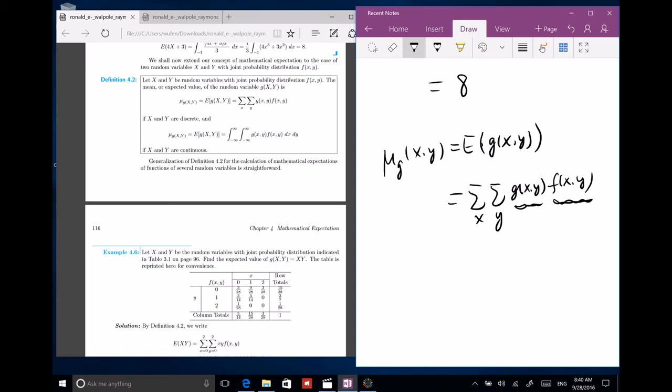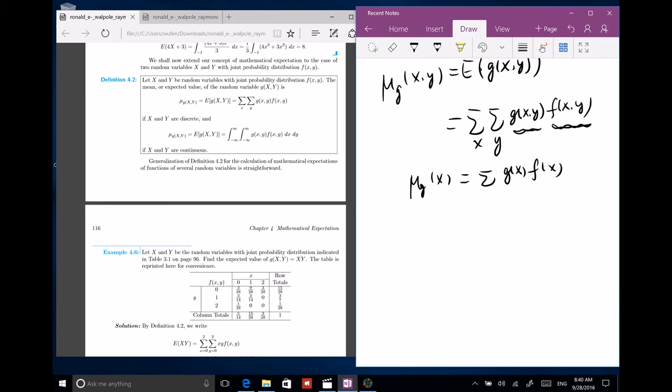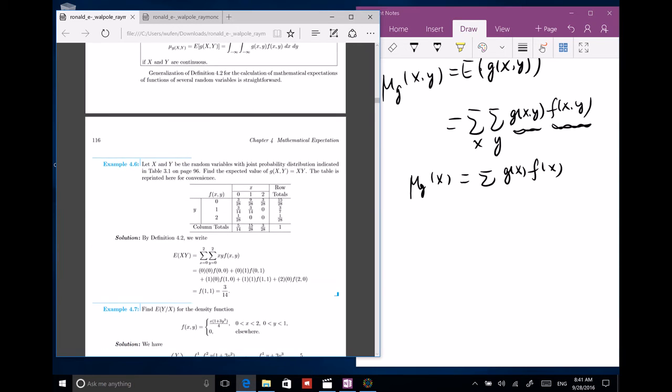Then multiply them together. It's very similar to the one-dimensional case, where you just have E of g(x) and f(x) is the probability. For two dimensions, you add twice, and if it's continuous, you have to do a double integral, dx and dy.